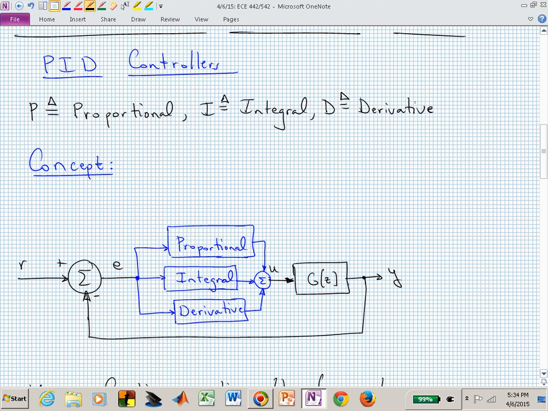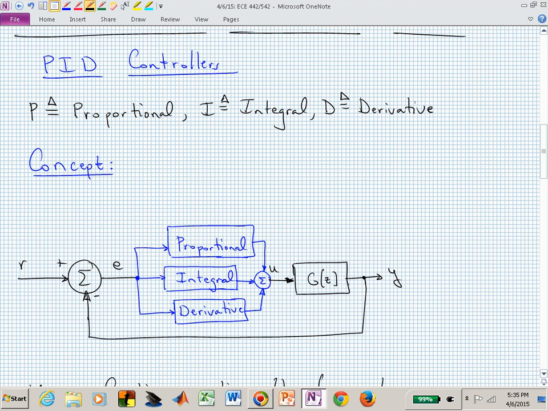You have a proportional piece, which simply takes the error signal and scales that error to create a component part of the input U into the system. There is an integral piece that integrates the error signal and scales that integrated error to produce another piece of the total input to the system, U.